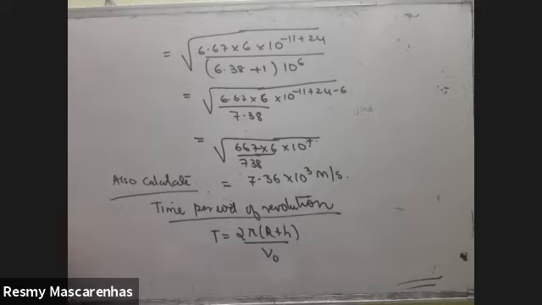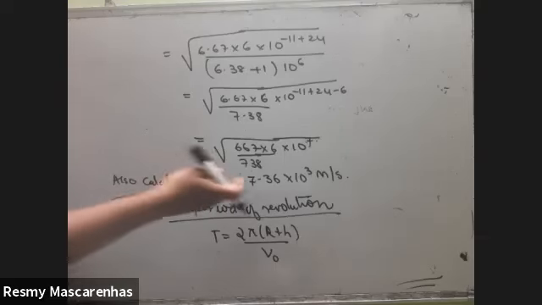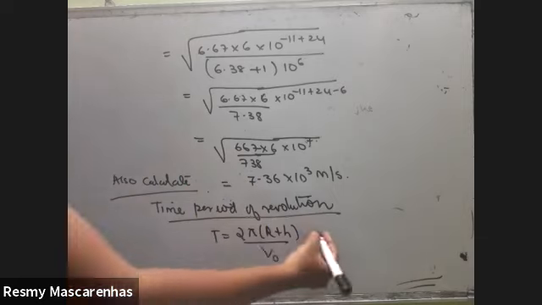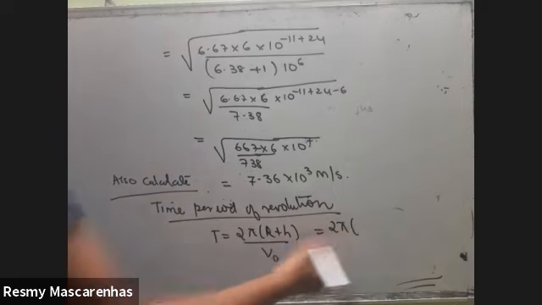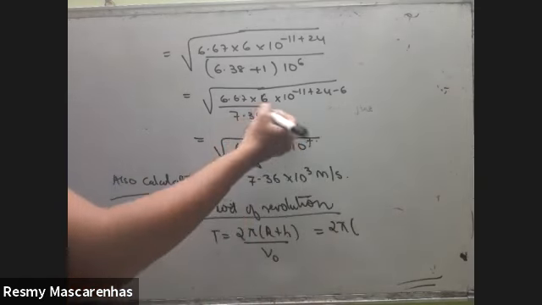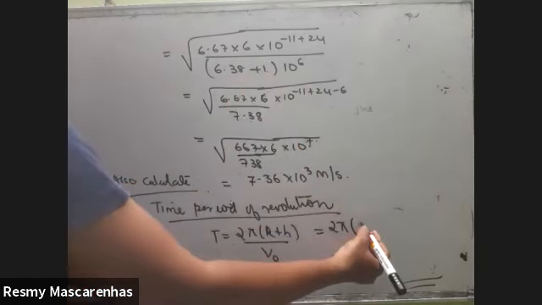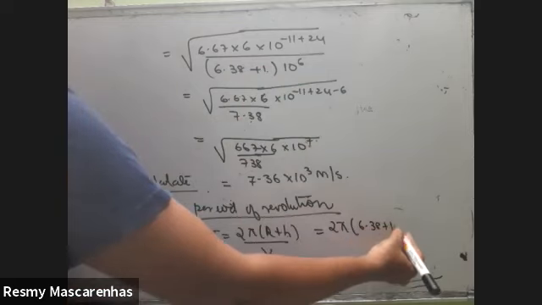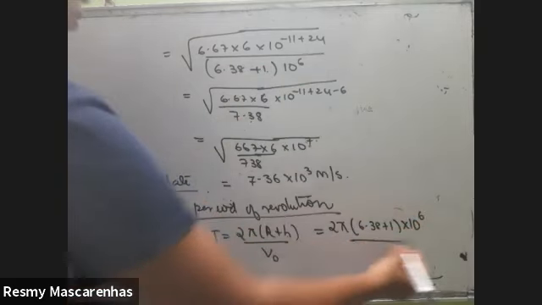So if time period was asked, we have to just substitute a value. Whatever orbital velocity you got now, you'll have to substitute it here. So 2 pi, anyways r plus h we had seen. How much we had got? 6.38 plus 1 into 10 raised to 6 we had got.